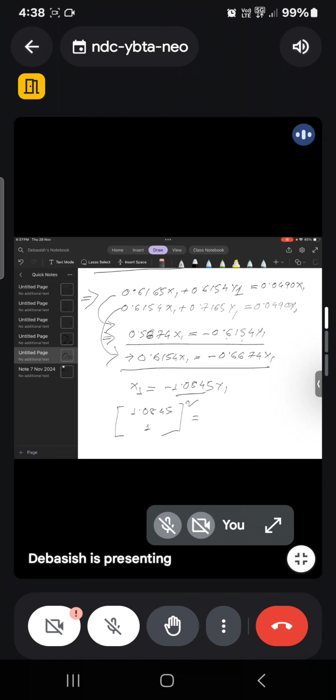Basically we are taking this x1 and y1, and for the first value we are considering y1 as 1. Just square and add both of these.